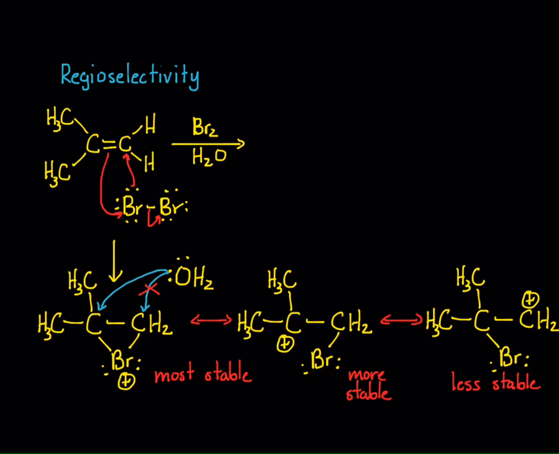And therefore, we get regioselectivity. Notice there is no carbocation that forms, right? Still the bromonium ion forms, but because of the partial positive nature of the more substituted carbon, we see that water simply attacks the more substituted carbon.